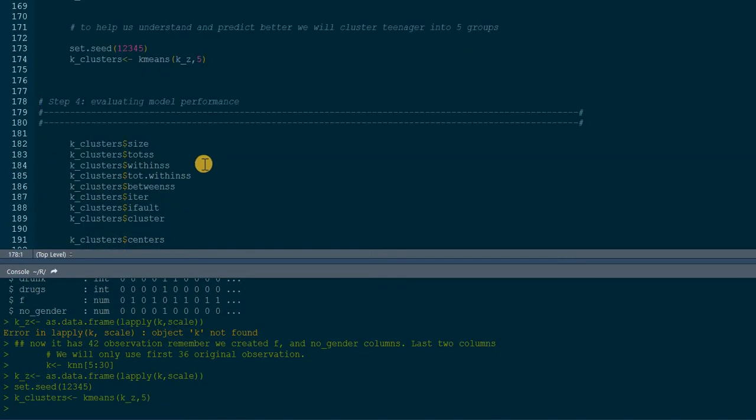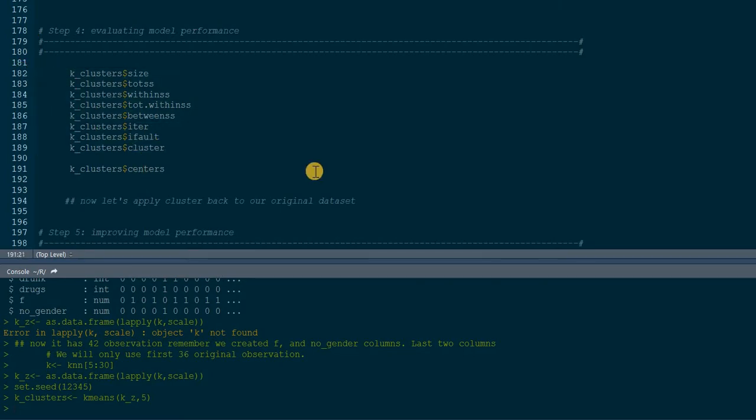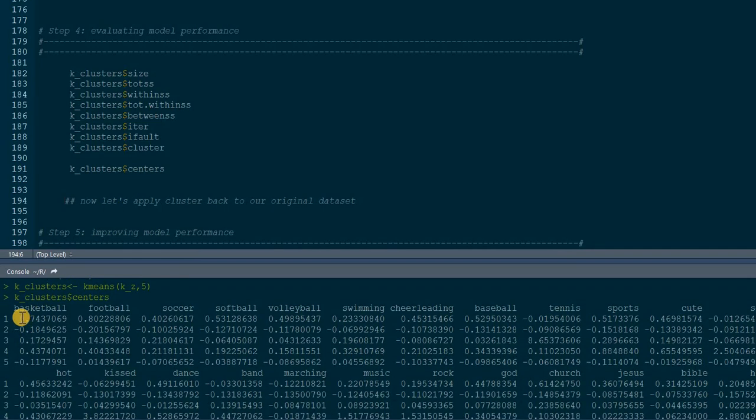Now let's evaluate. This is just for fun, really. This is the main thing I wanted to show. Here you can see it has 5 different clusters for each variable. You can see the first one is quite a bit higher than the other clusters in any variable.